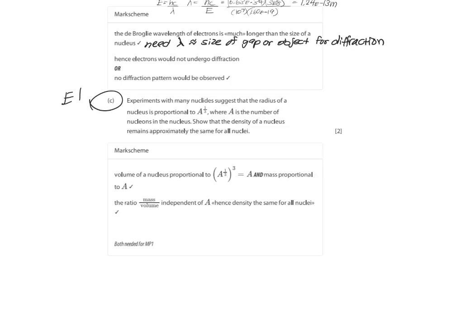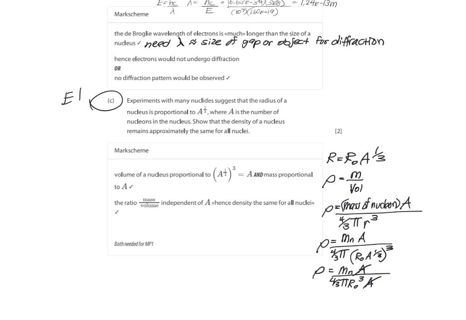Okay. And this part is actually an E1 question. The formula they're making reference to is that the radius of a nucleus is the Fermi radius times the nucleon number to the 1/3. I feel like we've seen this question before, but it says show that the density of a nucleus is the same for all nuclei.